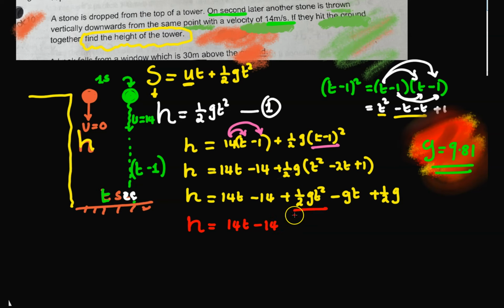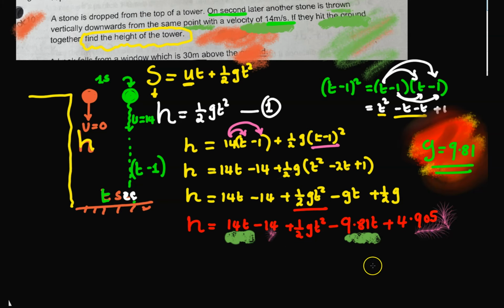I want to leave this the way it is for a while, plus a half gt squared minus, this is g, so it will be 9.81t, and this half will be plus 4.905, so that we can combine this and this, and also combine this here and this here, right? And that is for the purpose of reducing the equation and working with a smaller equation.